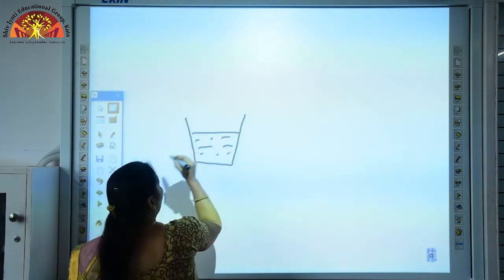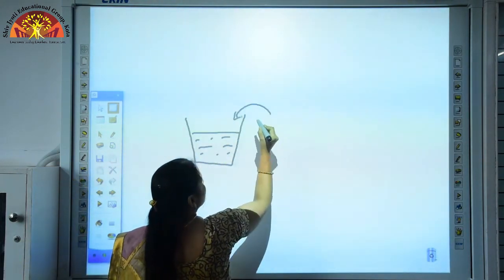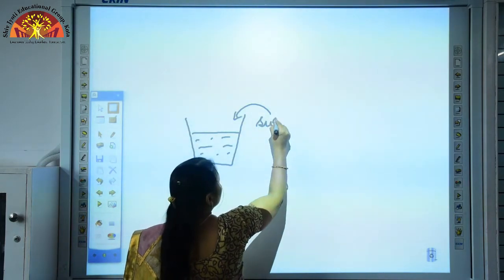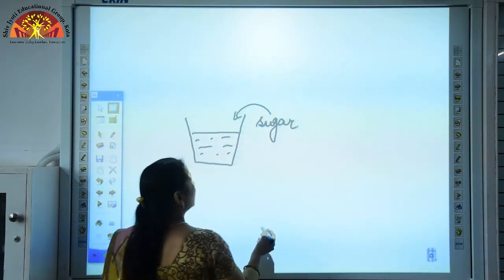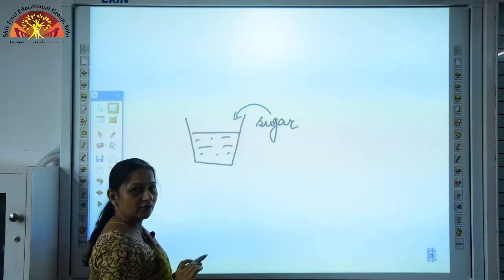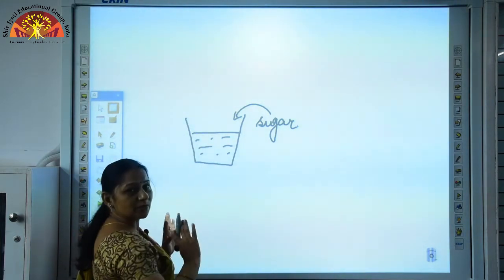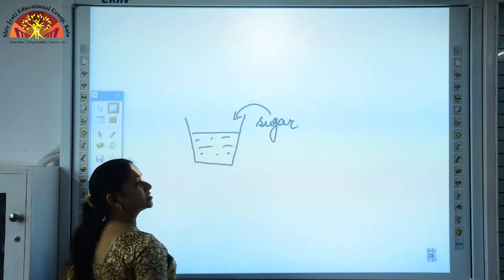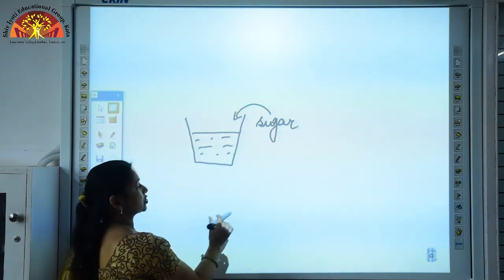In this, I am adding a spoonful of sugar. When I add sugar into it, what will happen? It will dissolve in water. It is soluble in water, and so we will get a homogeneous mixture.